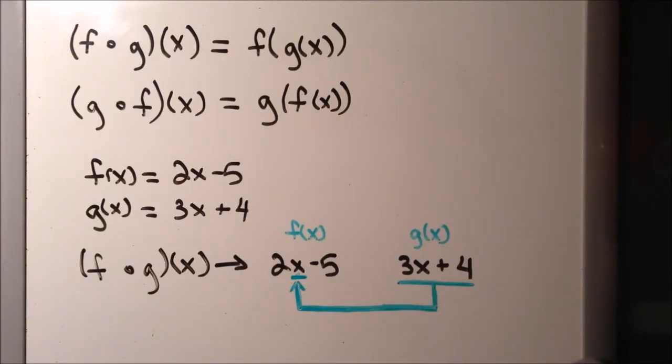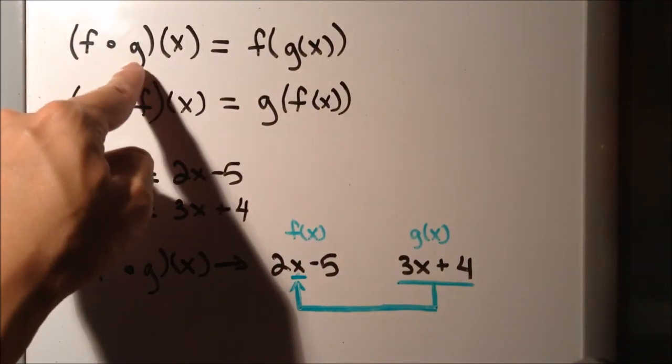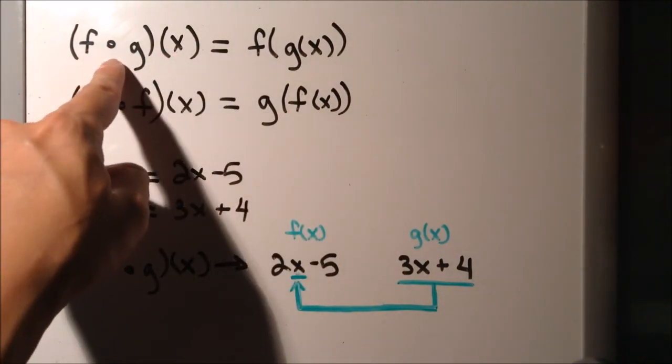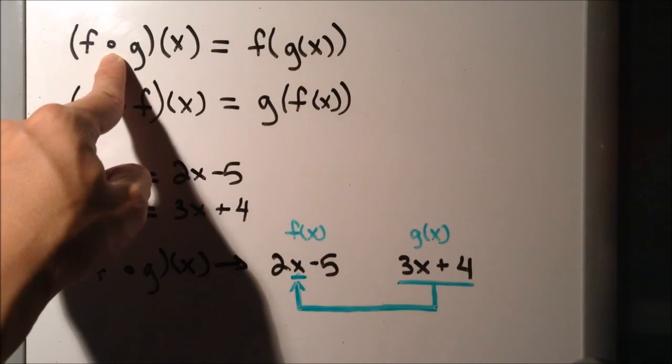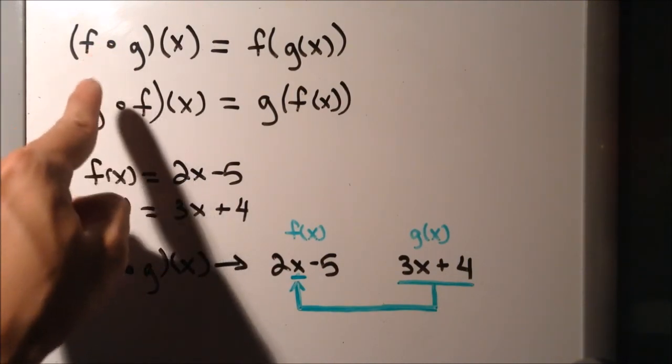Composition. So in here we have two examples of what composition means. f of g of x. You see here it's a circle, not multiplication, not a dot, a circle. When you see a circle, that means composition.